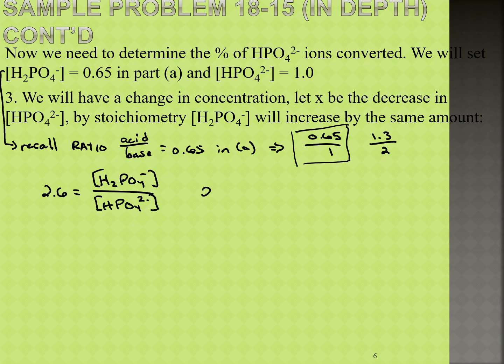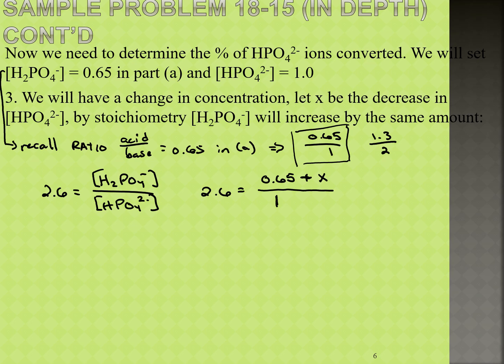So 2.6 is going to be equal to, well, we had initially 0.65, and I know that as I decreased the pH, I am going to increase my acid amount by some amount x, divided by 1 minus x.